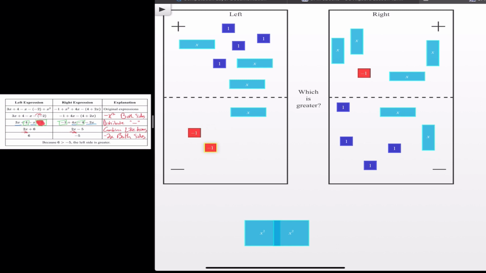Well, the two negative ones. If you tap and drag, the -2 became a +2. Next, we didn't do anything to the right side just yet, but now we combined like terms. What we did is we combined all of our x's and all of our 1's on the left side and on the right side to make sure that everything is up in the positive section.